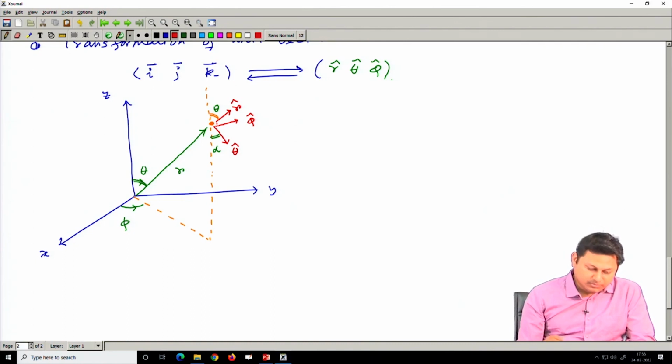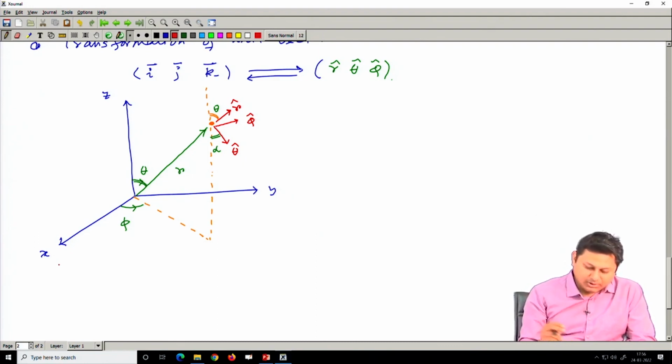But we need to find the components. If I decompose the r, theta and phi unit vectors along x, y, z, then I should have a relationship between i, j, k and r, theta, phi. That is my goal here.